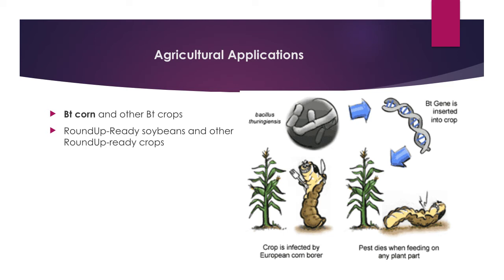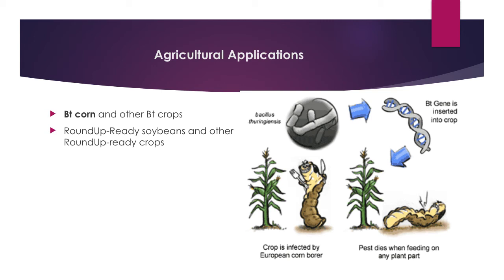It has no effect on humans at all, but it kills insects. The corn is, in fact, making its own insecticide. Really remarkable. Farmers don't have to spray all sorts of insecticide on the corn. They don't have to go plowing over and over again. They don't have to spray as much fungicide, and the corn comes out looking beautiful.